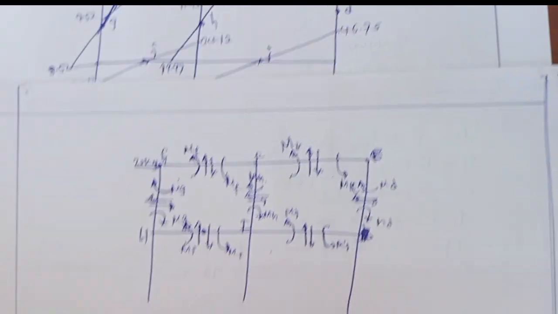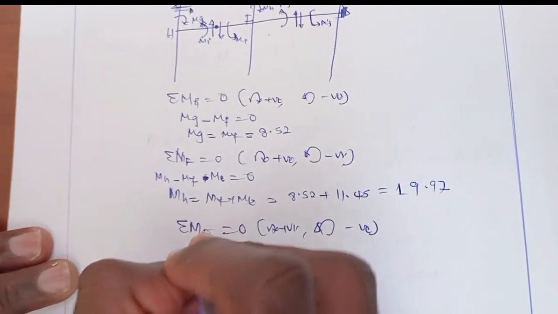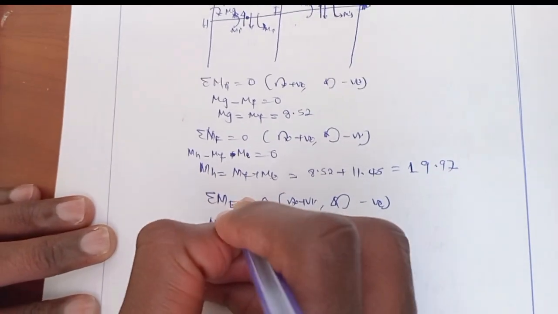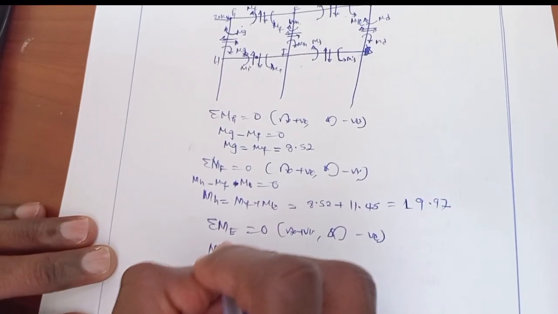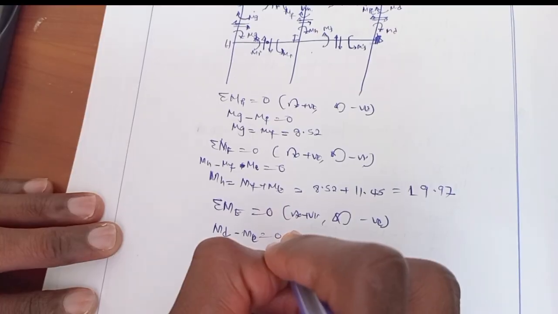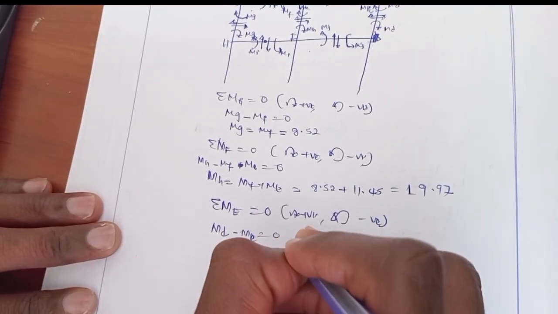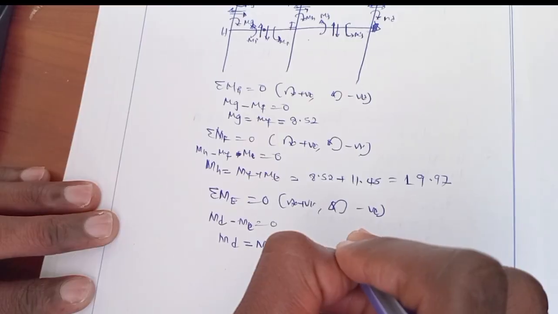So MD is in the clockwise direction. It will be MD, ME anti-clockwise direction minus ME is equal to 0. MD will be equal to ME, which is 11.45 kilonewton meter.